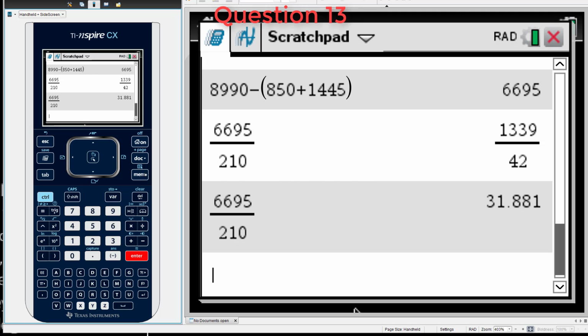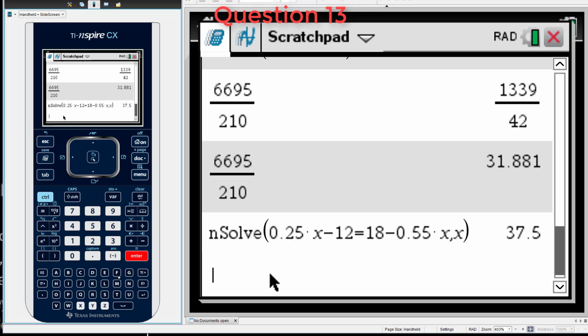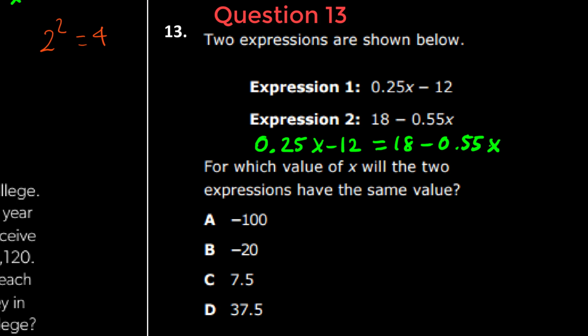We will go to Menu, Algebra, and Numerical Solve, and write down our equation with a comma x afterwards. And our calculator gives us 37.5. So the correct answer is D.